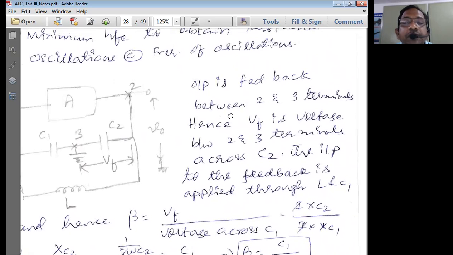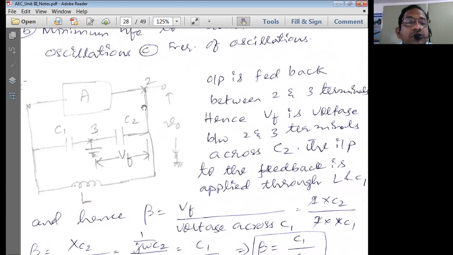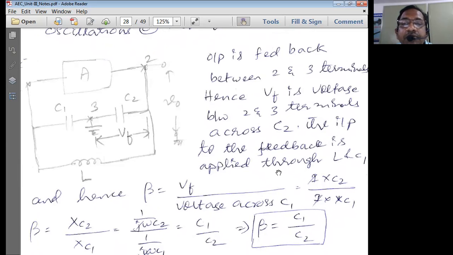Now the output is fed back between the terminals 2 and 3. The output of the amplifier is fed back between terminals 2 and 3. Hence, the feedback voltage VF is the voltage between terminals 2 and 3.